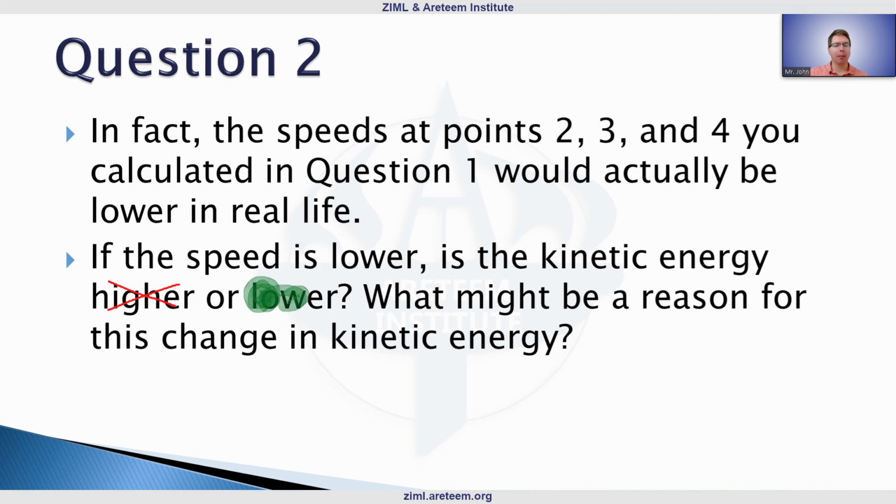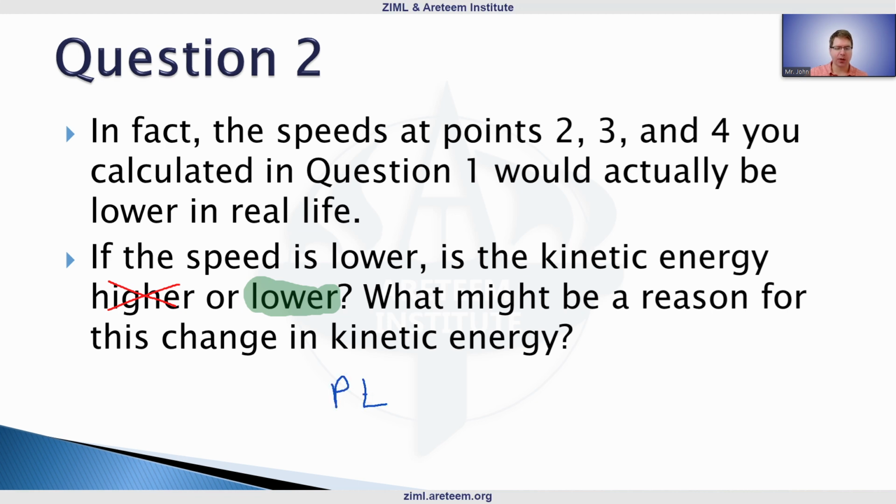Now, what might be a reason? So we did the math. Okay, if the speed is lower, squaring it, dividing by 2, multiplying by the mass, that's lower. Why might this actually be lower in real life? And we're not going to talk too much about this here. But the short answer there is, there are other types of energy.